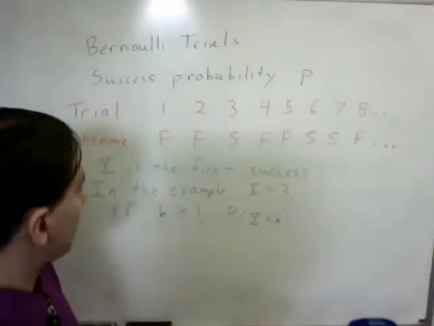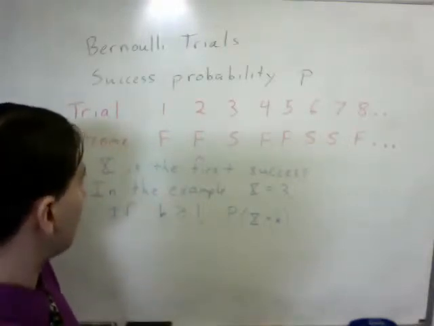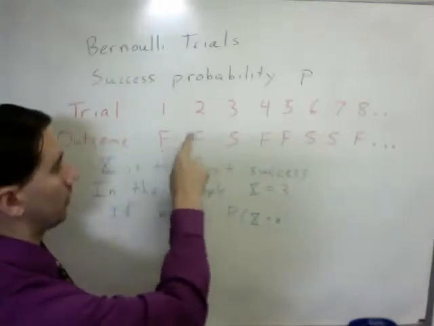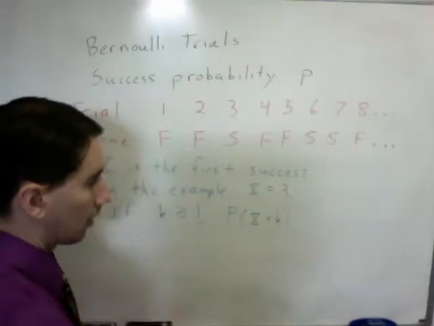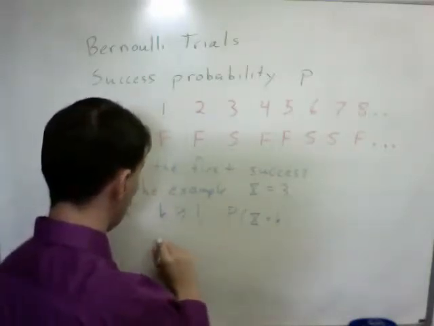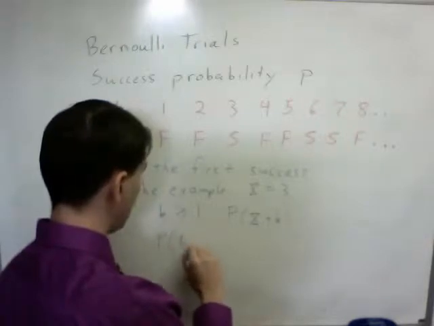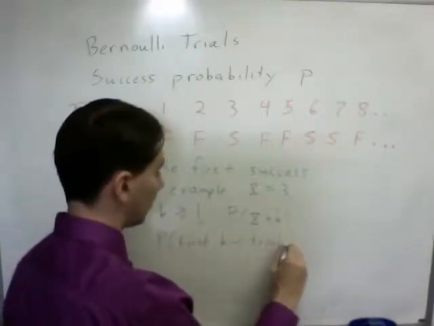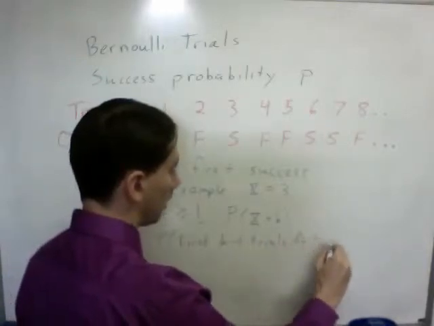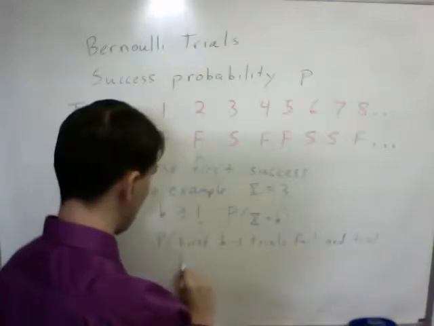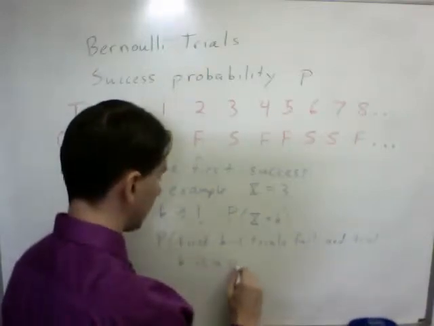Well, let's look at the example. The probability that x equals 3: we fail, fail, success. So the probability that x equals k is the probability that the first k minus 1 trials fail, and trial k is a success.